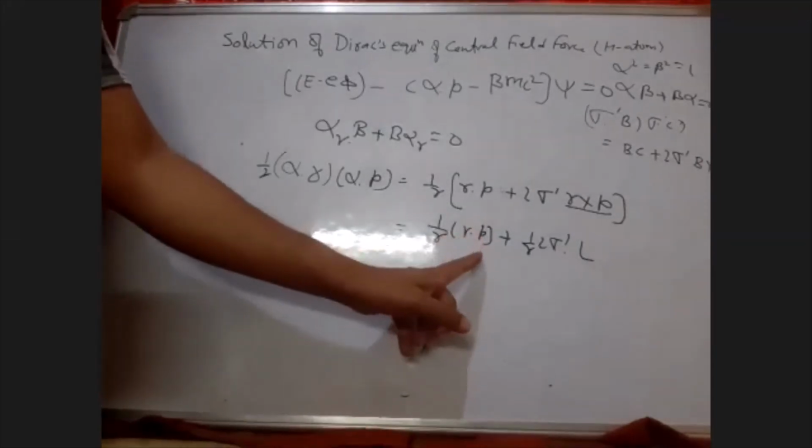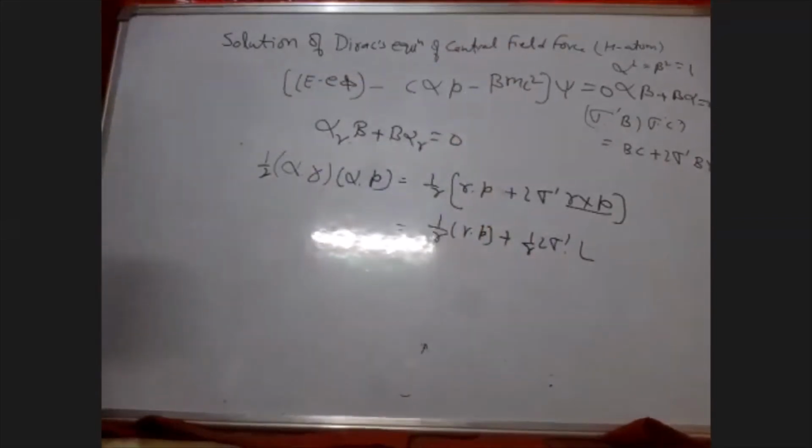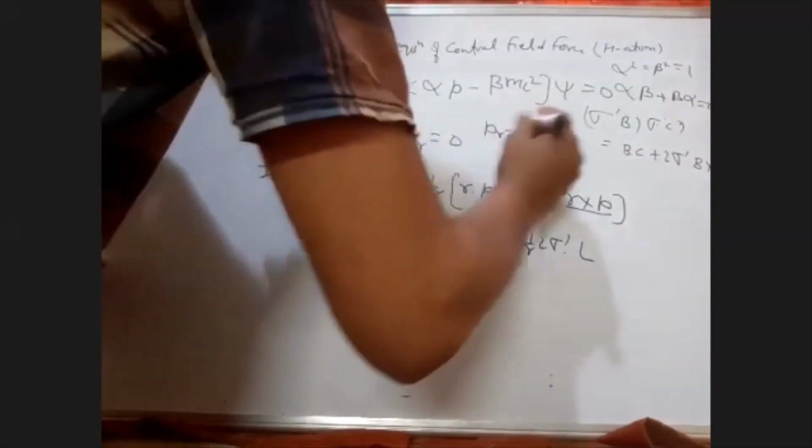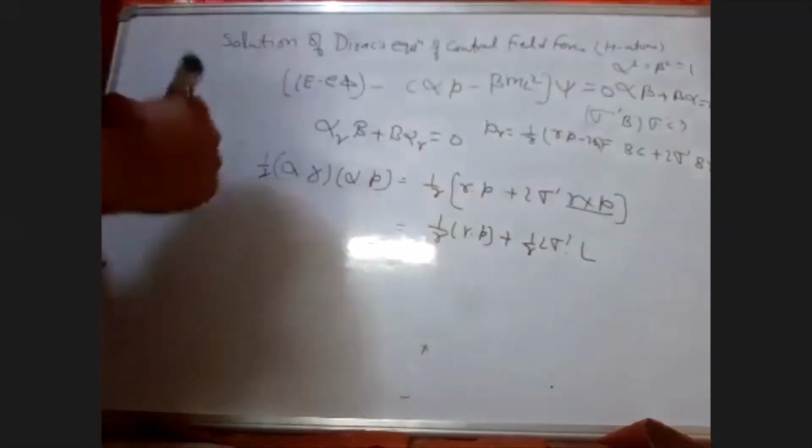So r dot p, if you remember the radial momentum, which we define as pr is equal to 1 upon r, r dot p minus i h cross.